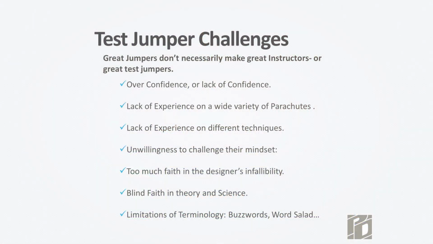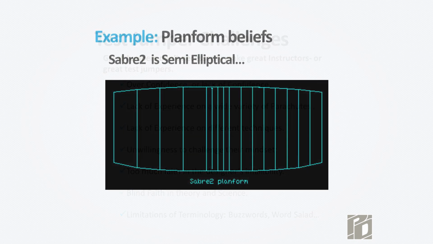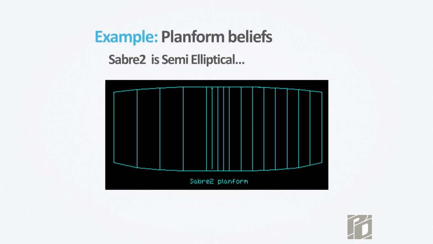And then what I call the limitations of the terminology we use. Other ways I say it is buzzwords, word salad. Fancy terms we use to describe our stuff. The easiest example of that is a misconception of planform designs. I put this in a different seminar, I'll just pop it in here. This is a Sabre 2 planform in terms of if you look at the top, it's just a simple line drawing.